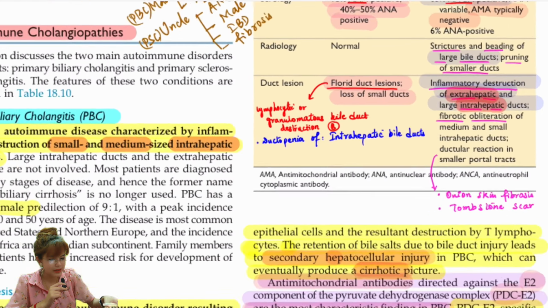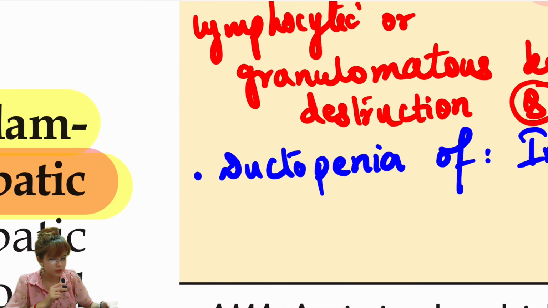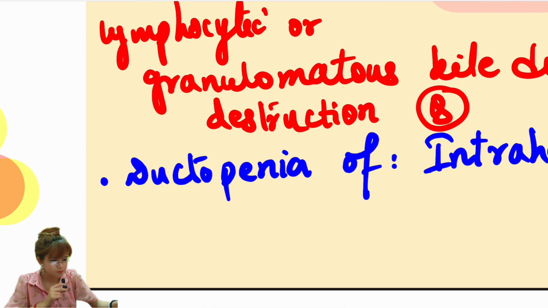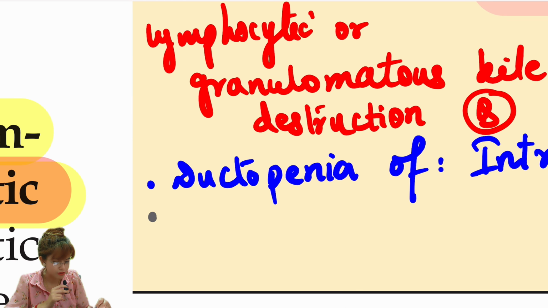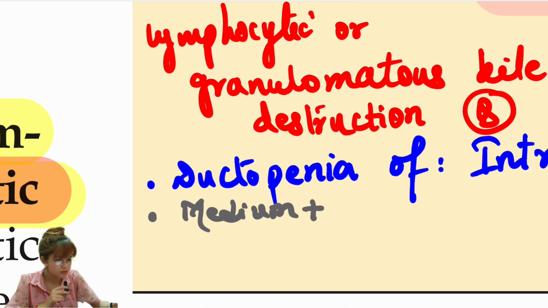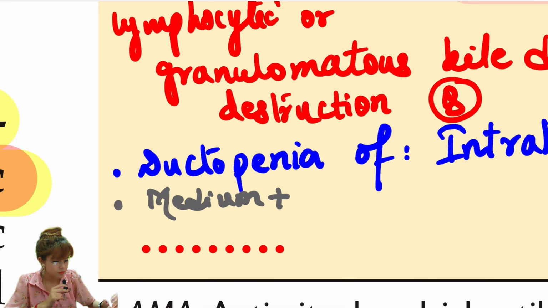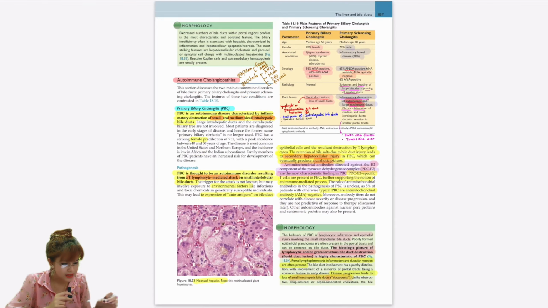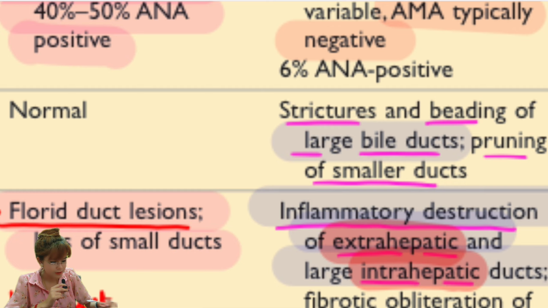Another important point is that the medium and the small sized ducts are involved. This is not that important a point, but I will just mention it over here that these are the medium and small ducts which are involved. Obviously they are the intrahepatic ducts only. Another point is that there is a T lymphocyte mediated attack, okay.